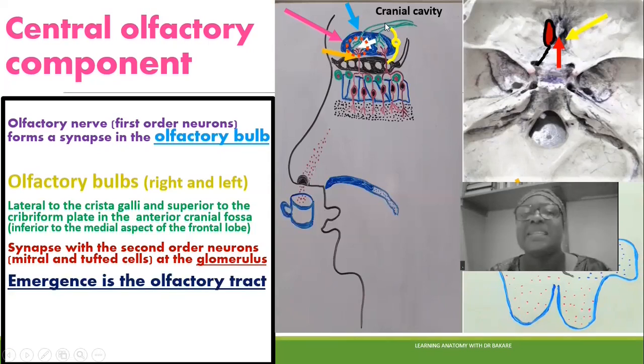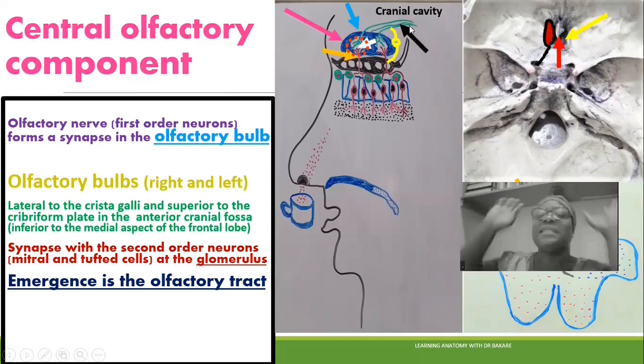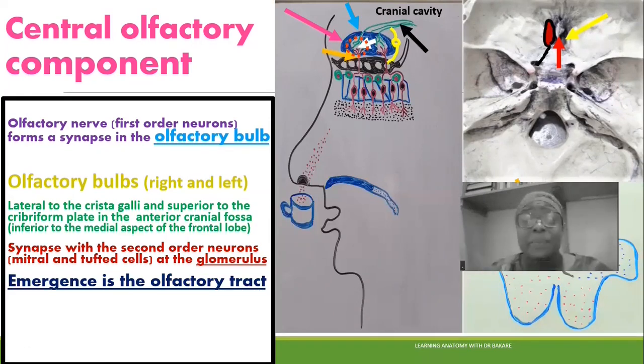After the synapse, there's going to be the emergence of the olfactory tract, and this is what is arrowed here in black. So you now have axonal extension from the second order neuron being collected as the olfactory tract. It is this tract that is further driven and terminated on the olfactory cortex before the perception of smell will then be activated. So this is how it runs within the anterior cranial fossa.